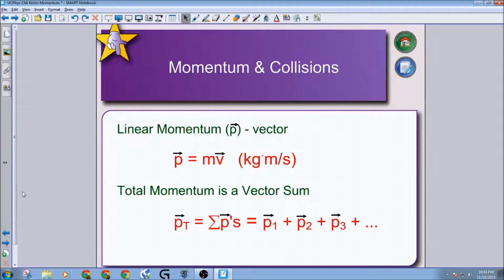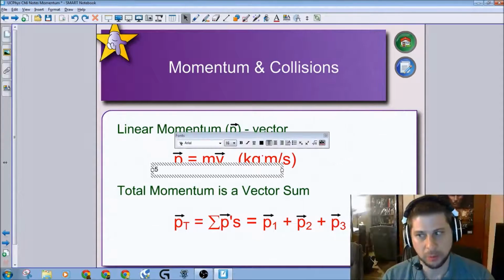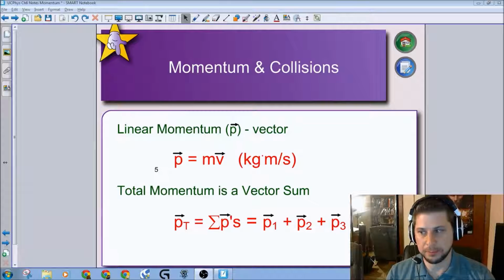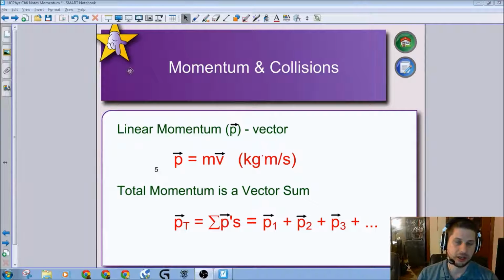So here is our definition of momentum. Why they use P, I have no idea, but P is momentum, and that little symbol over it just means that it's a vector. If you recall, we've looked at some vector quantities before, like speed versus velocity and distance versus displacement.